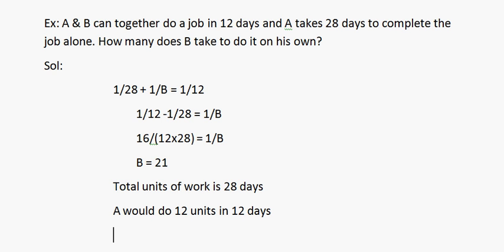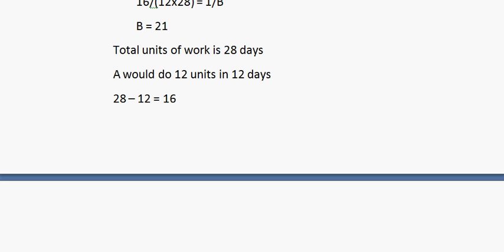How many units are left to be done by B? They are 28 minus 12, which is equal to 16 units. So 16 units of work was done by B in 12 days, right? But the total amount of work was 28, right?